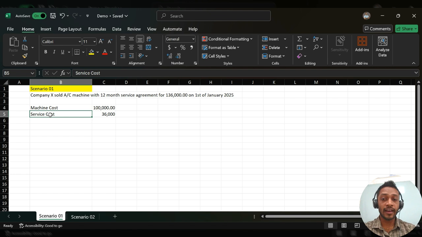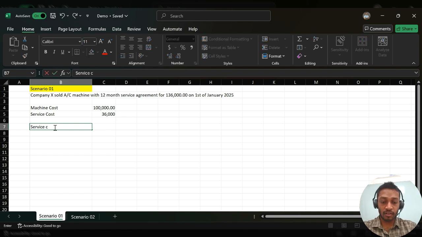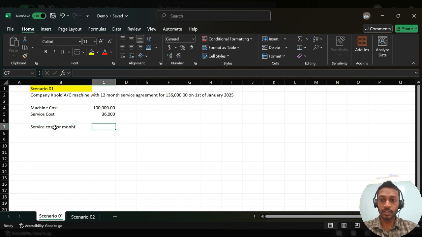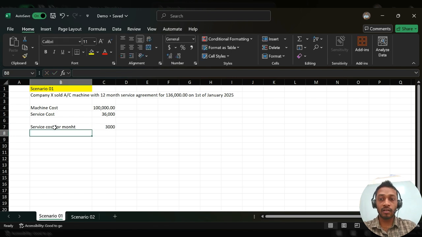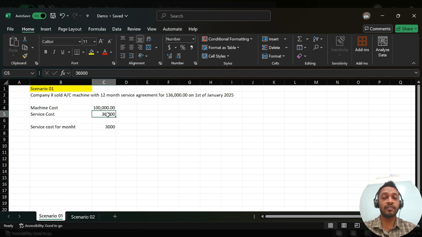But they cannot identify the whole 36,000 as revenue, because the service cost per month is just 3,000. If you recognize all 36,000 as revenue, it would not comply with the international revenue standard. So how do we have to identify these things?